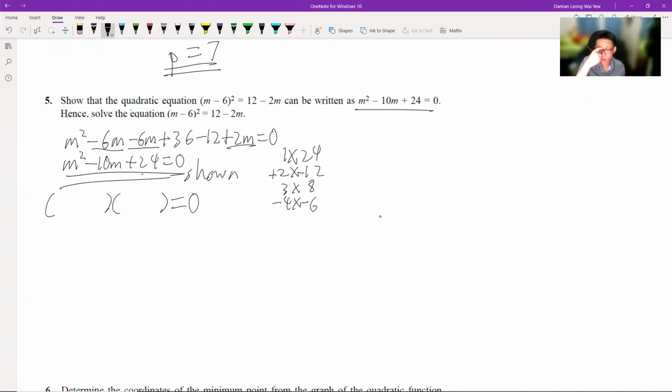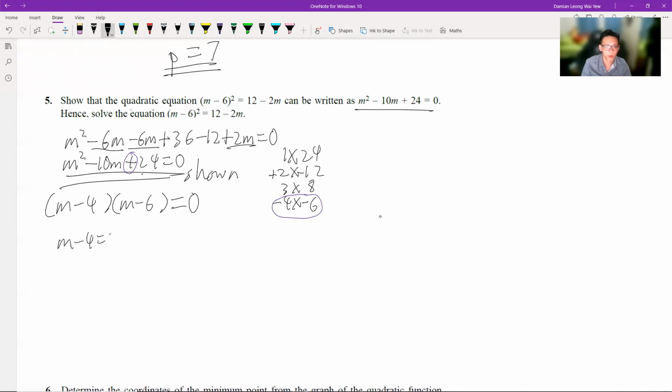So how do I know which one to use? That's where you need to see this sign. If this is plus, I should take the one with the same sign. If it's minus, I should take the one with different sign. So this is plus, take same sign, means minus 6 and minus 4. So it's m minus 4, m minus 6.